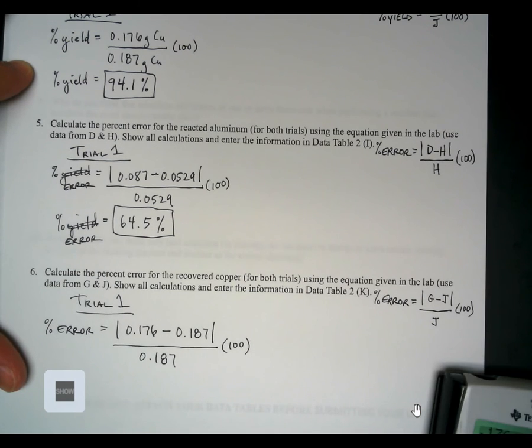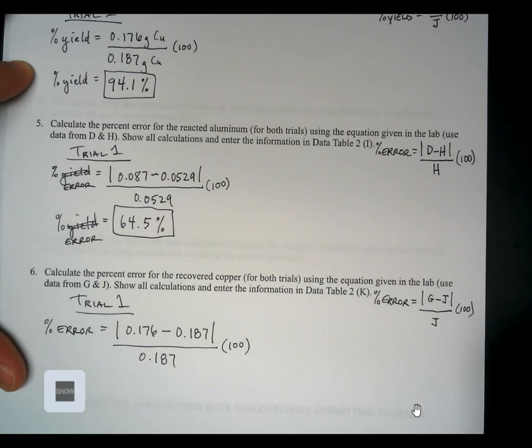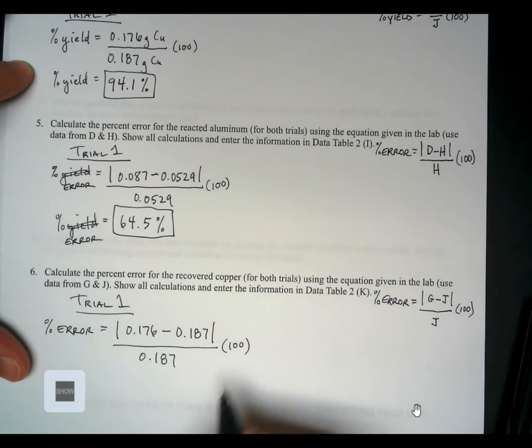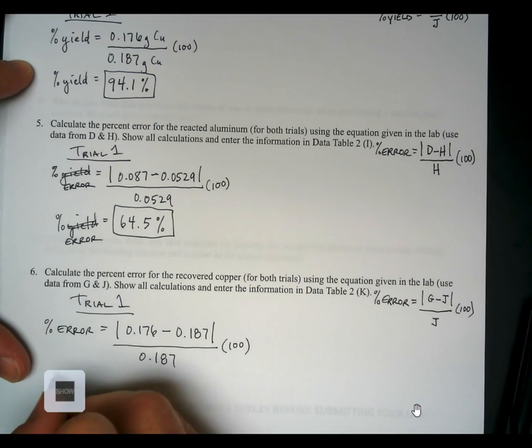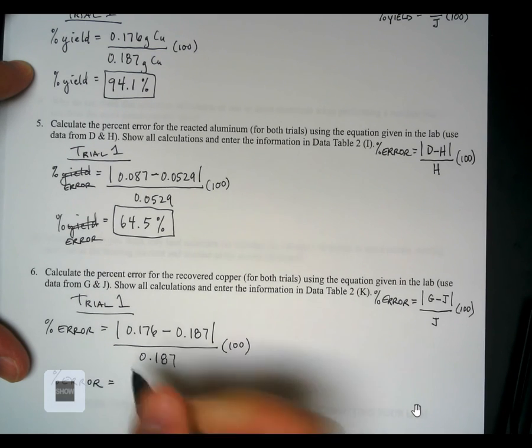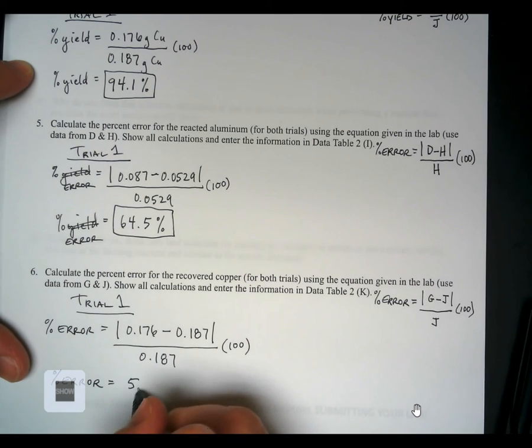We do that, and if you get a negative, you just make it a positive. For my data, this one's super close. It's 5.88%.